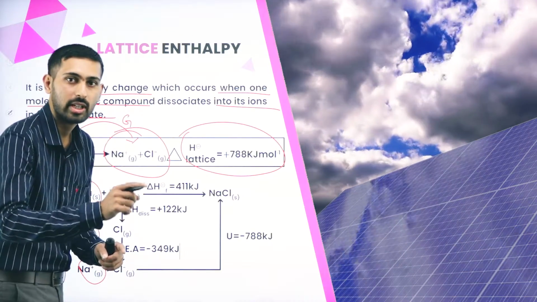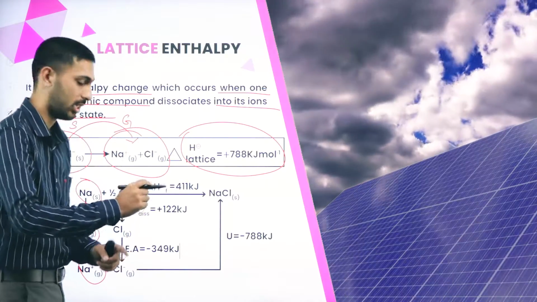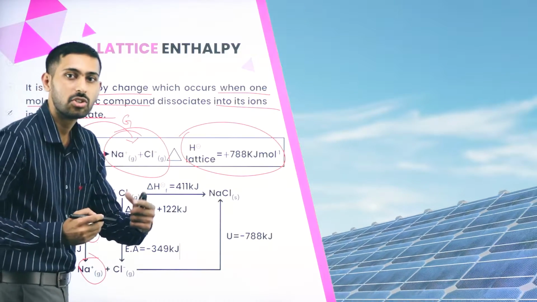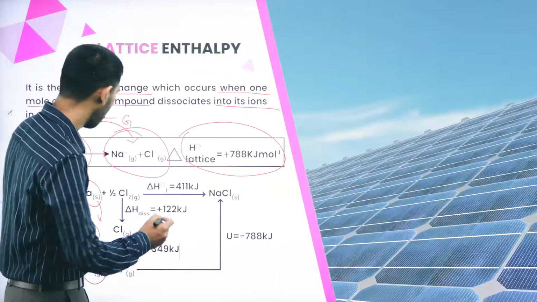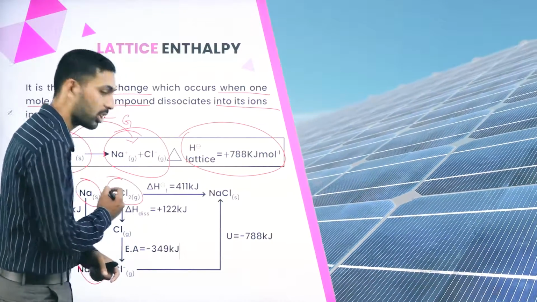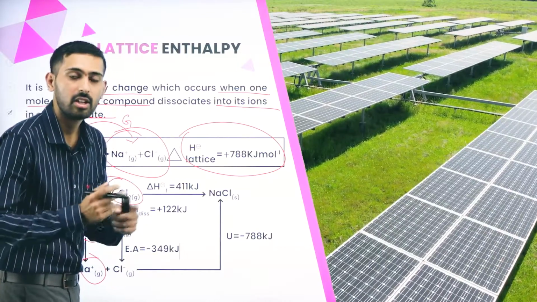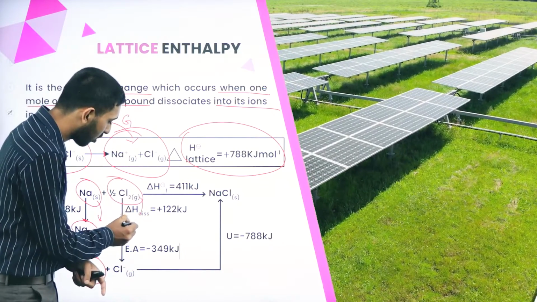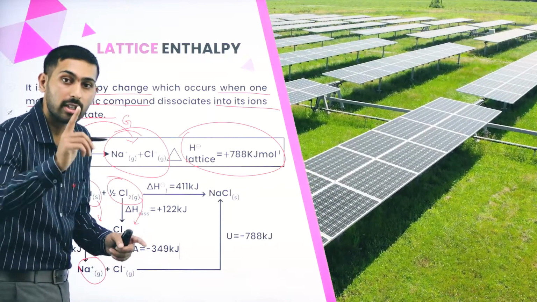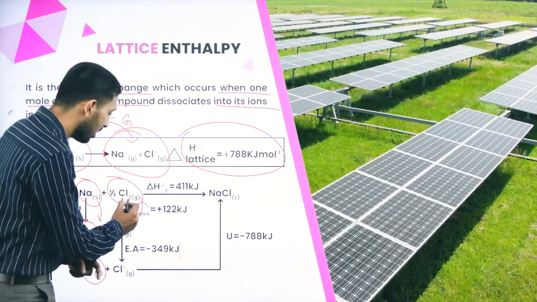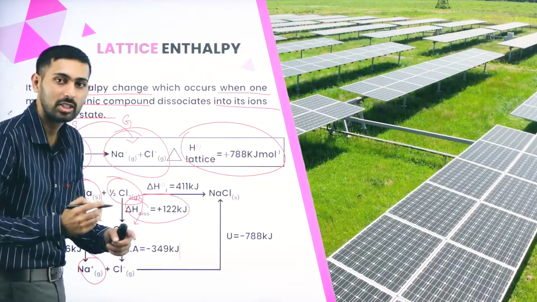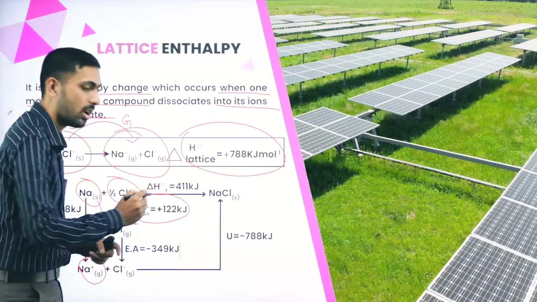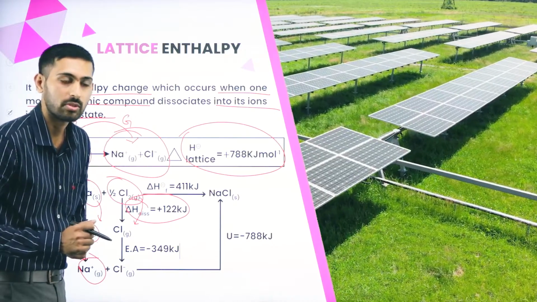That energy is known as ionization energy. Next, the chlorine molecule in the gaseous state has to be brought to chlorine atoms. That is known as dissociation energy. You require 122 kilojoules.